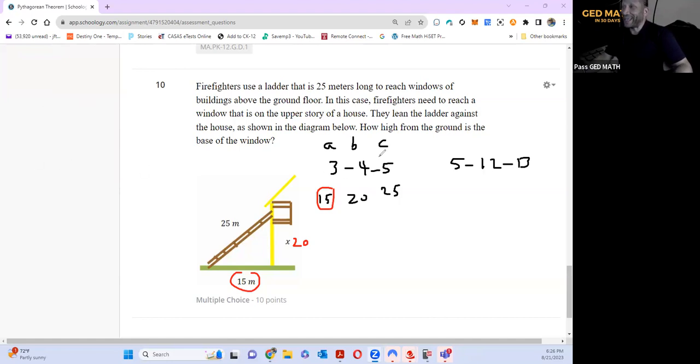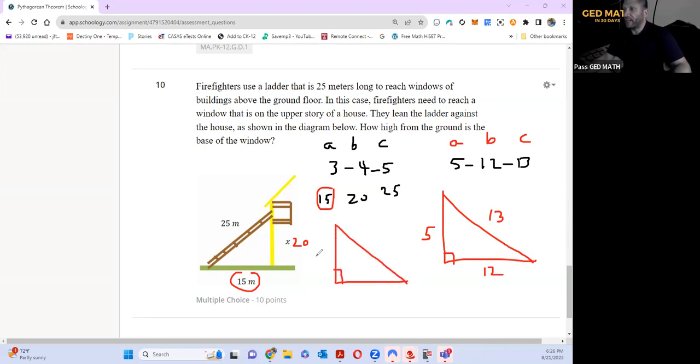What that is saying is if your legs are A and B, your hypotenuse is C. So if I draw a right triangle and one leg is 5 and my second leg is 12, that's going to make my hypotenuse 13. And in a 3, 4, 5 triangle, if my leg is 3 and my other leg is 4, my hypotenuse is 5.